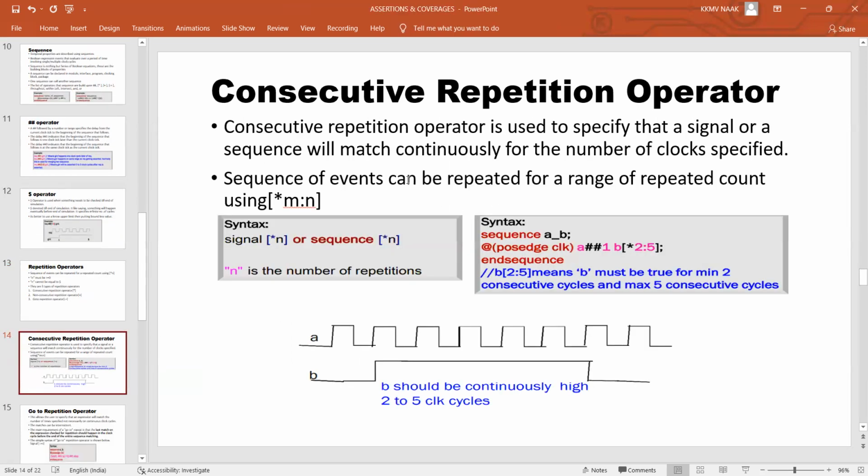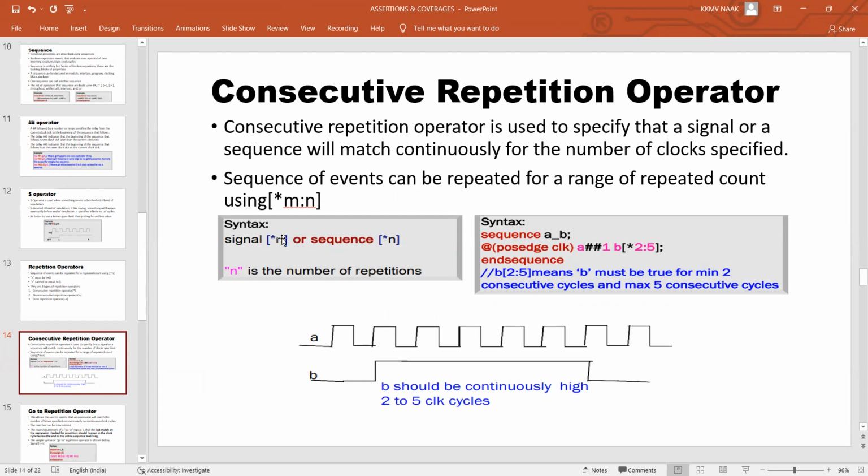So the consecutive repetition operator is to specify that a signal or a sequence will match continuously for the number of clocks specified. Consecutive means you have to remember it is checking continuously. It can be either a single number or a range of values. The syntax is signal asterisk n, where n is the number of repetitions.